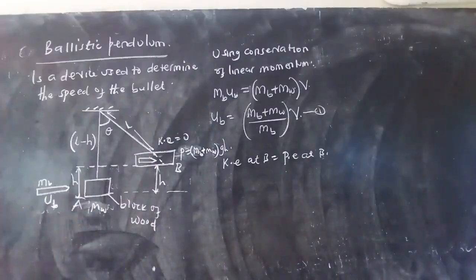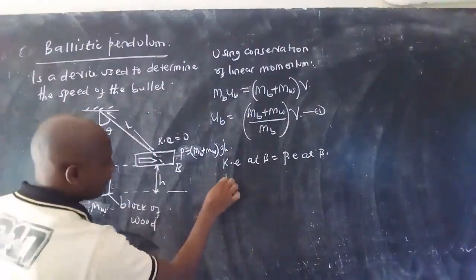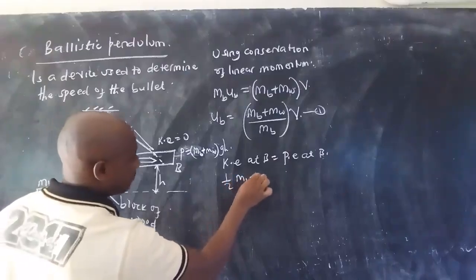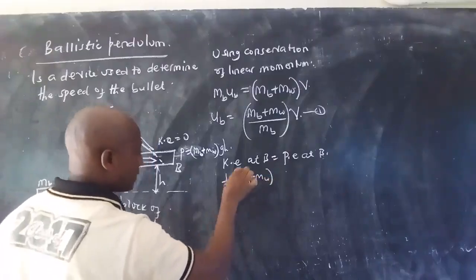So the kinetic energy after collision is a half mass of the bullet plus mass of the wood.